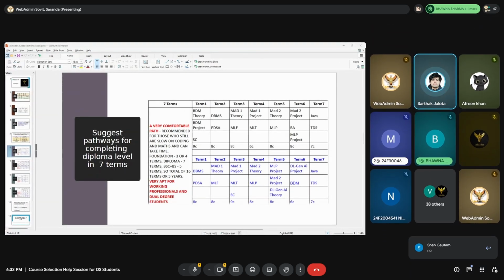Okay. Seven terms, it's a very relaxed pace, very good for dual degree students. And I think if you are doing a dual degree, whether BTech, BCA, BSc or BCom, any subject or any degree that you are doing, 7 terms is a very good pace, because you will not be spread between your offline degree and the online one. So 7 terms is highly recommended if you are doing a very rigorous, lab-oriented degree like BTech, BCom or B Pharma, or if you have not done any coding courses.